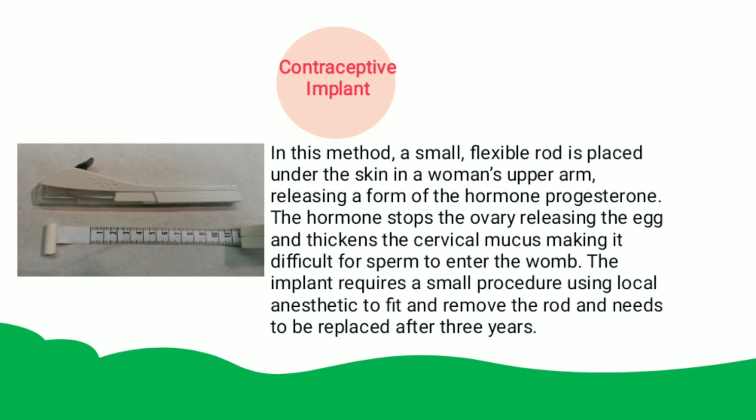The hormone stops the ovary releasing the egg and thickens the cervical mucus, making it difficult for sperm to enter the womb. The implant requires a small procedure using local anesthetic to fit and remove the rod and needs to be replaced after 3 years.